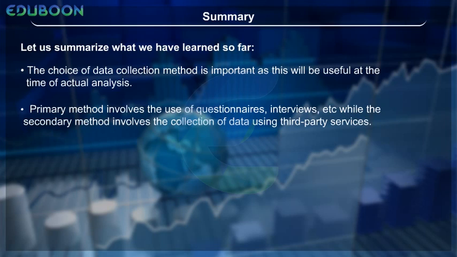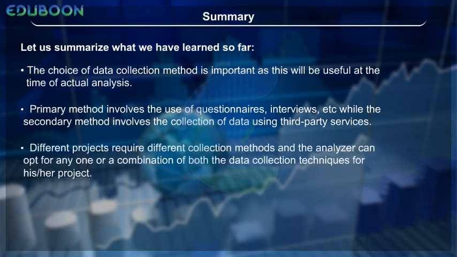Primary method involves the use of questionnaires, interviews, etc., while the secondary method involves the collection of data using third-party services. Different projects require different collection methods, and the analyzer can opt for any one or a combination of both the data collection techniques for his or her project.